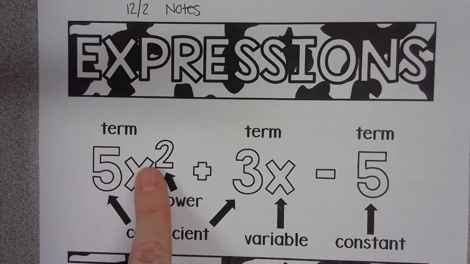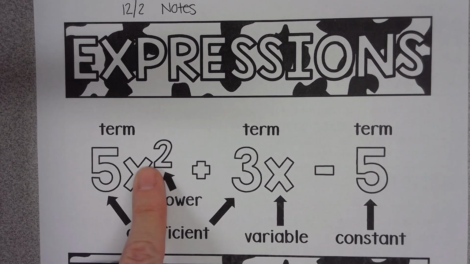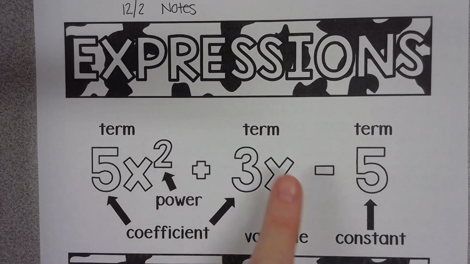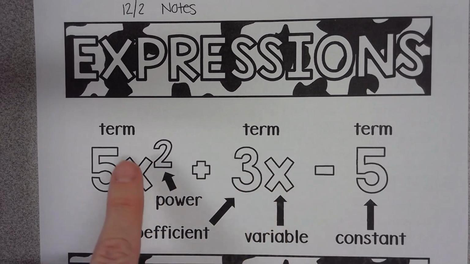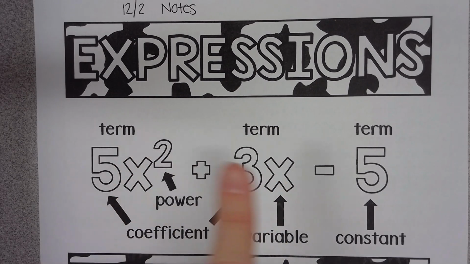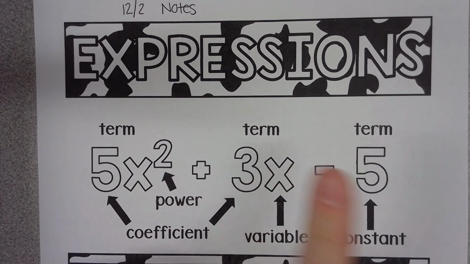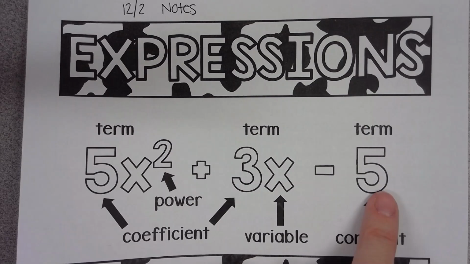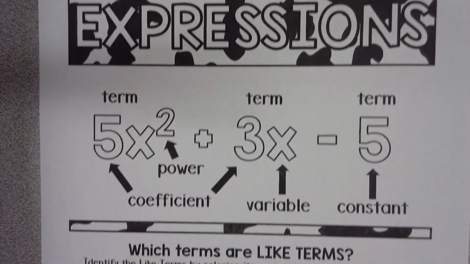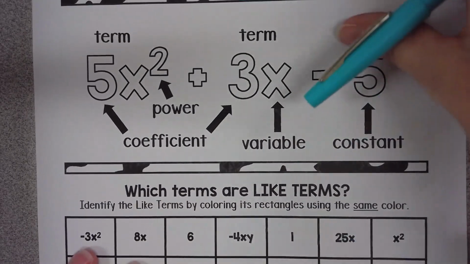So 5x squared is not a like term to 3x. 5x squared is its own term, 3x is its own term, and this 5 over here is called the constant. There's no variable. And that is its own term.